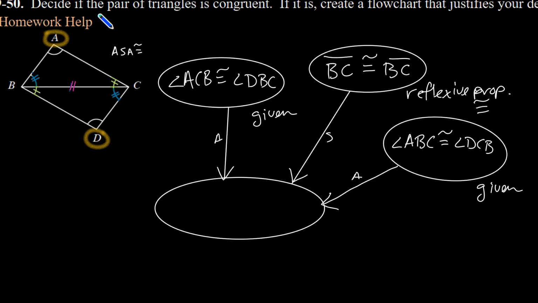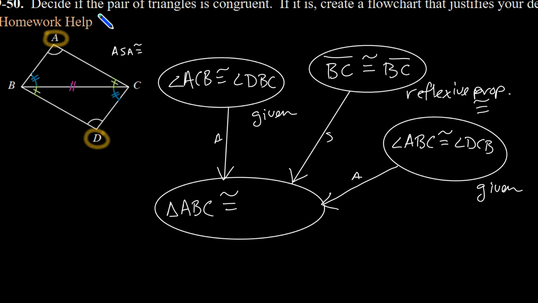So now I can state that the triangles are congruent. And the order does matter, right? I'll say triangle ABC is congruent to, and there's only one way you can write it, right?